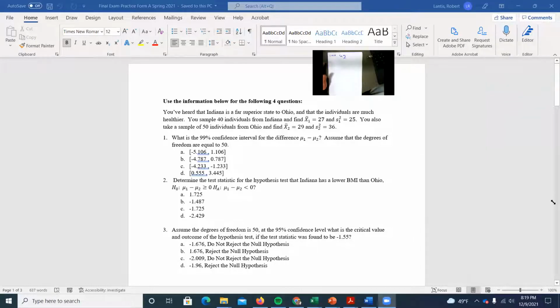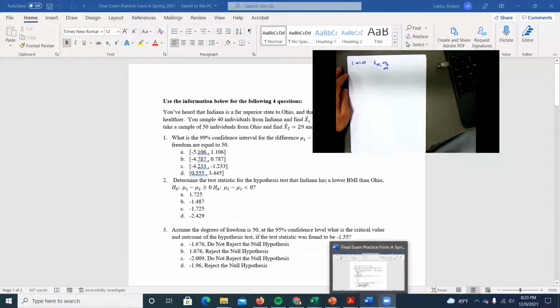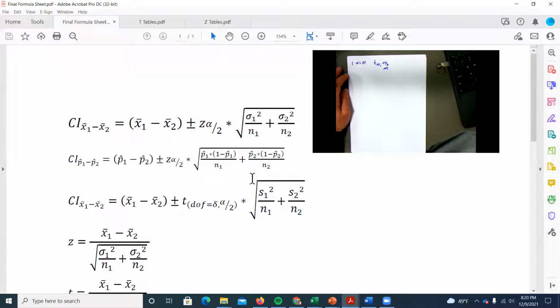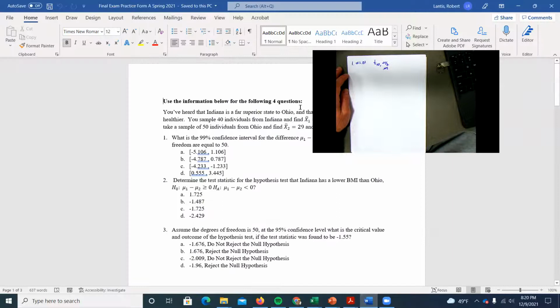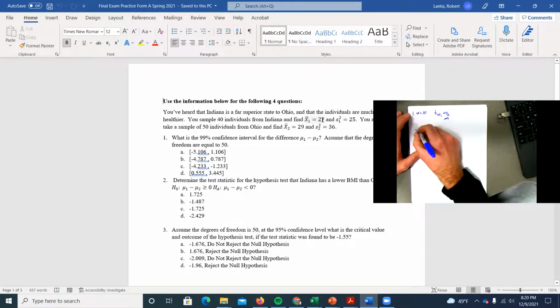So I want to find the difference in my sample means. Here group 1 was 27, group 2 was 29.